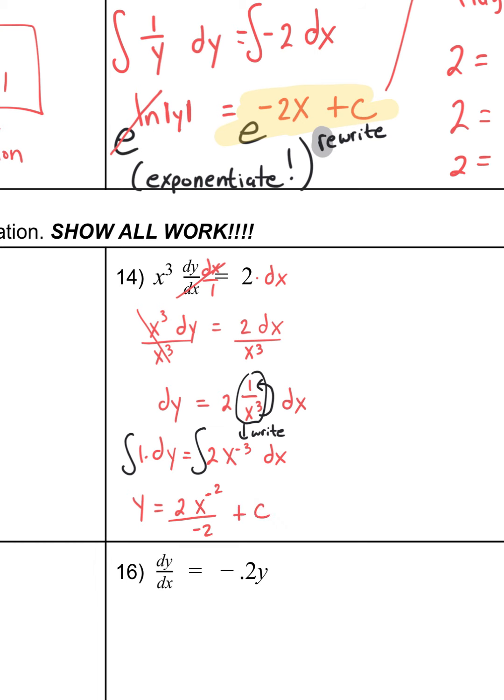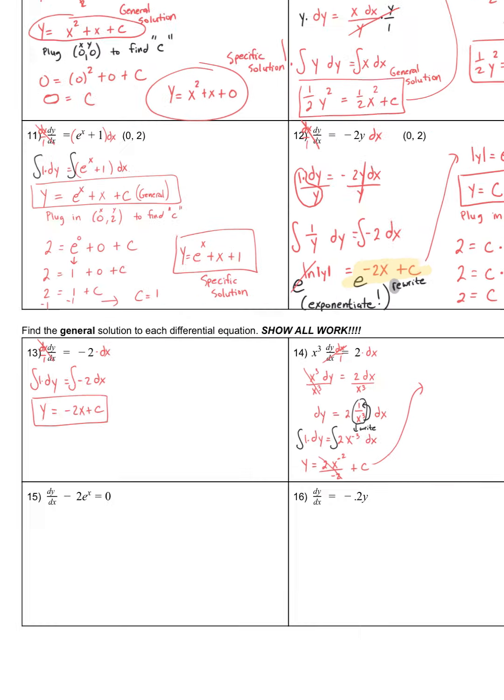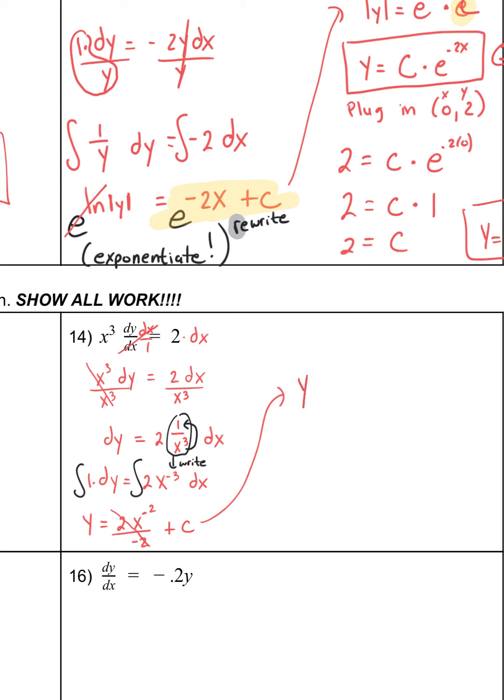Now let's simplify that. The 2's right here cancel, but don't forget I still have a negative 1 out front. So y is equal to negative x to the negative 2 plus c. And let's practice getting rid of negative exponents. That's all over 1.